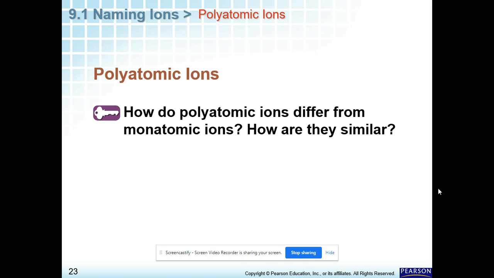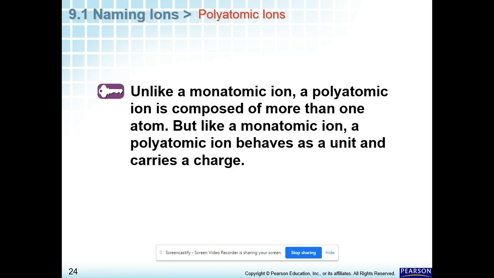So poly, we're going to learn, means more than one. And since they're ions, they're going to have a positive and negative charge. So let's talk about how polyatomic ions differ from monoatomic and how they are similar.